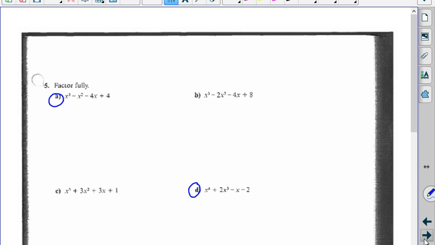x cubed plus x squared. Two numbers that multiply to 12, negative 12 and a half. Negative 4. It's 4 times negative 3 and multiply.